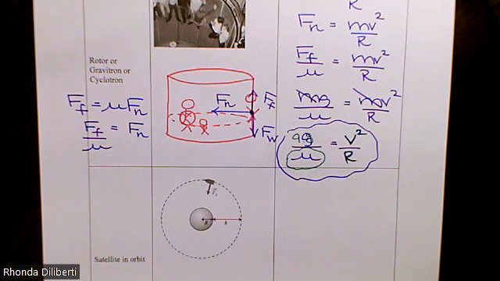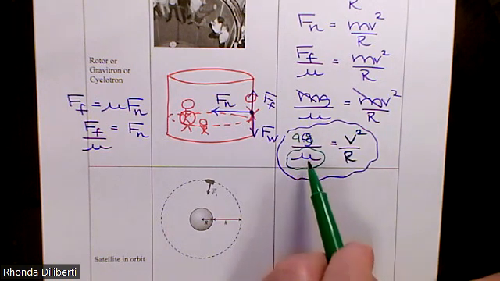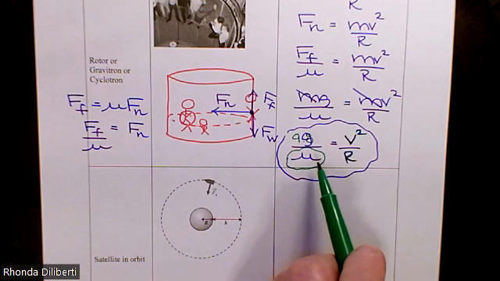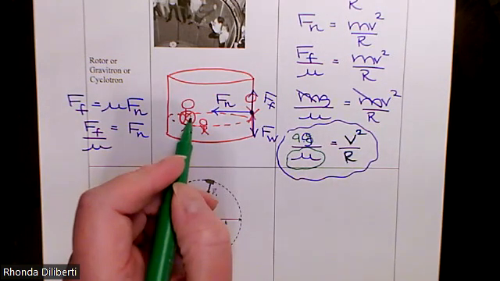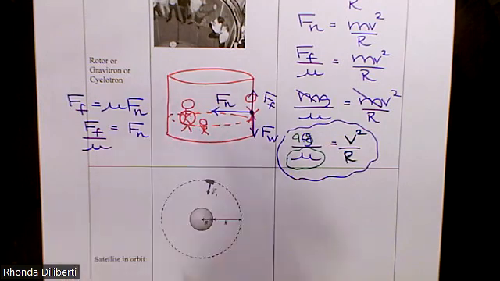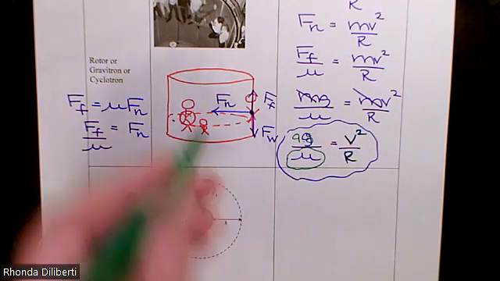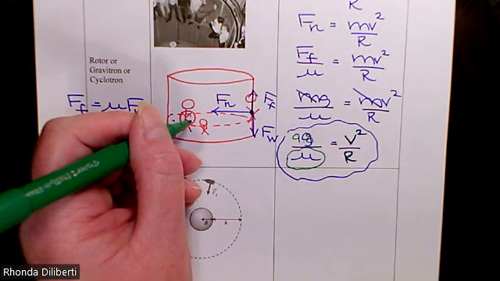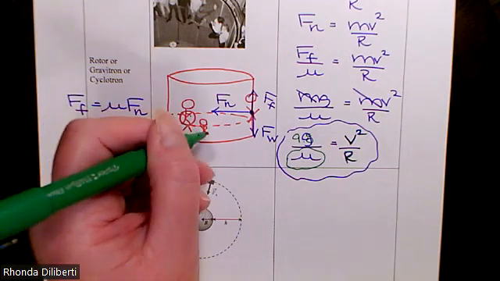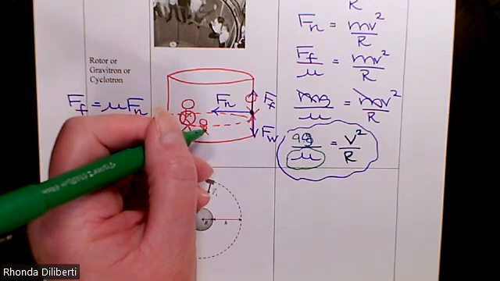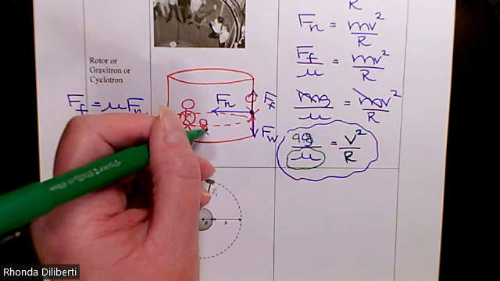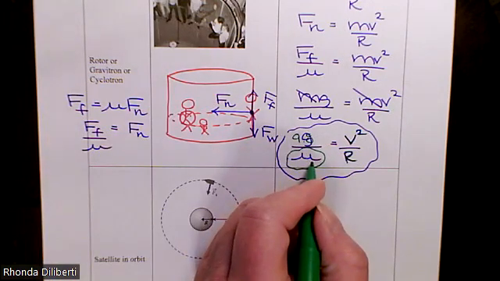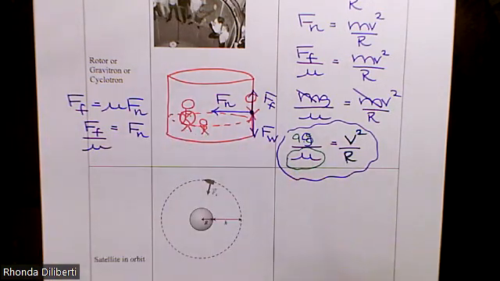The coefficient of friction is the friction that exists between their clothing and the walls of the ride. This big person could be wearing a sticky leather coat. They're going to be higher up on the ride than somebody who's got a little slinky windbreaker who's slippery. Their mu is going to be smaller and you'll find them lower on the ride.